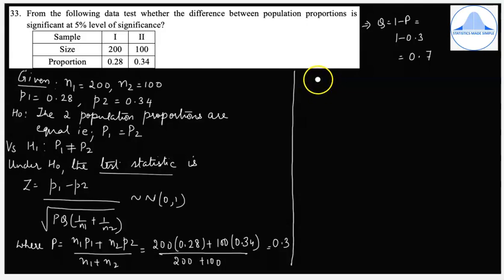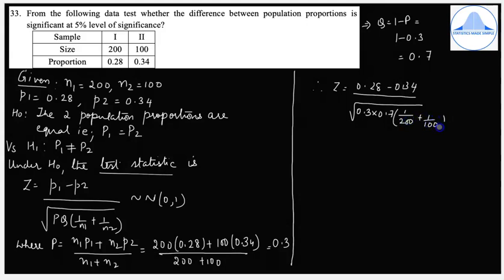Now let us substitute all the values in Z. So we get, therefore, Z is equal to 0.28 minus 0.34 divided by root of 0.3 into 0.7 into 1 by 200 plus 1 by 100.